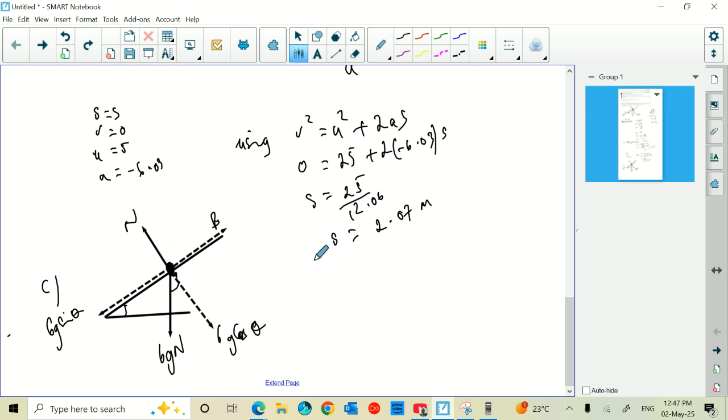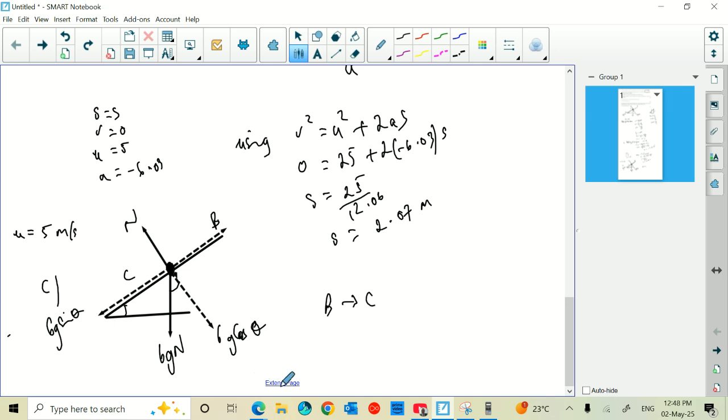So we have all the ingredients, and we're moving now from B to C. Let's put C somewhere down here, and we still have the same speed, which is 5 meters per second.